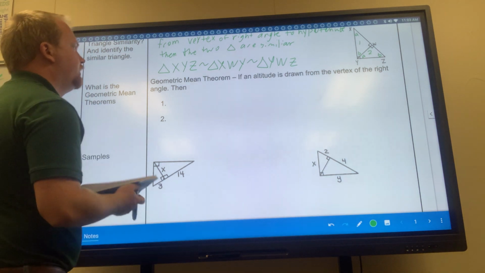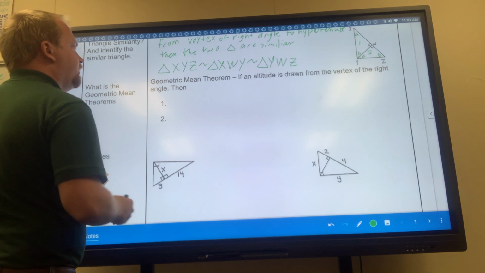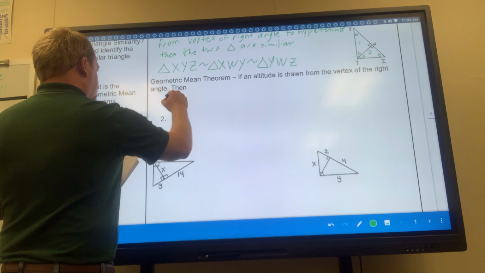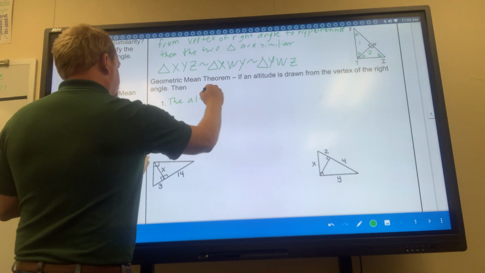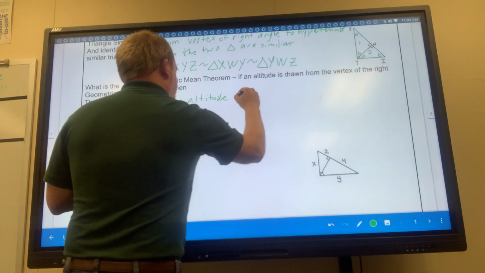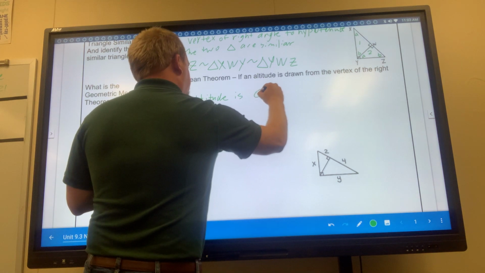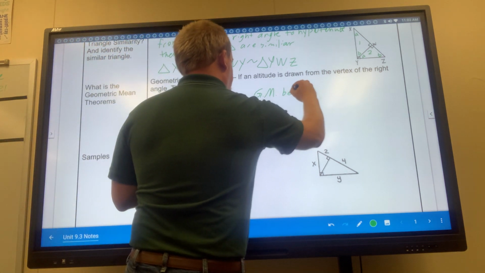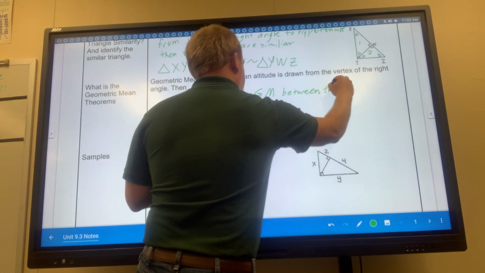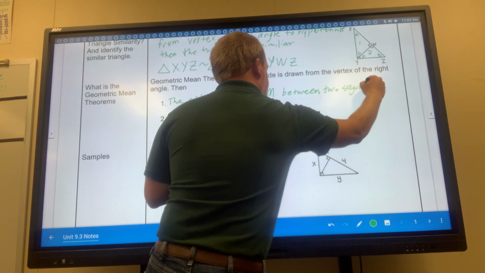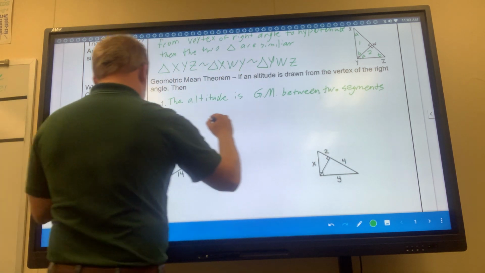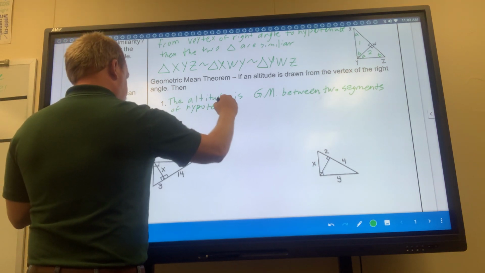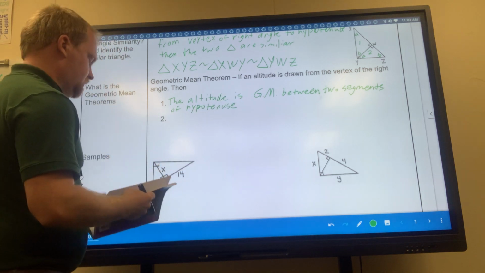If an altitude is drawn from the vertex of the right angle, then the altitude is the geometric mean (GM) between the two segments of the hypotenuse.